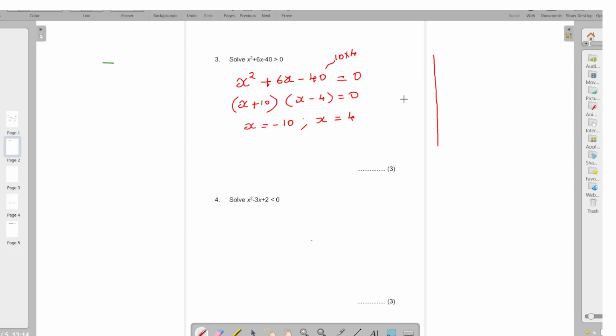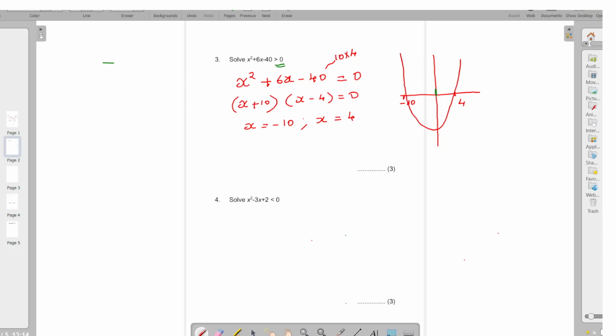Again, we'll draw the graph. That's minus 10. This is 4. The graph will go like that. Right. So which part of the graph are you going to highlight? It is actually greater than 0.